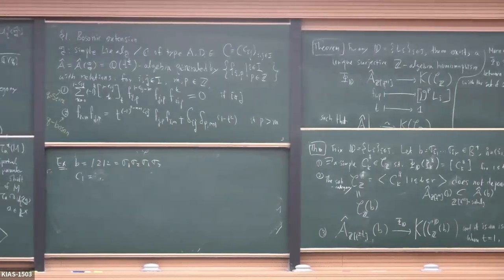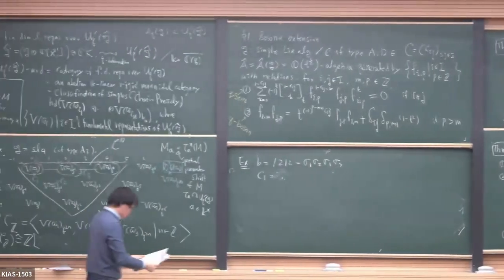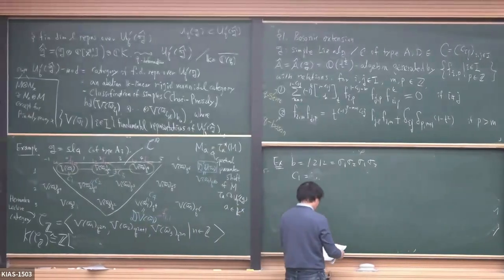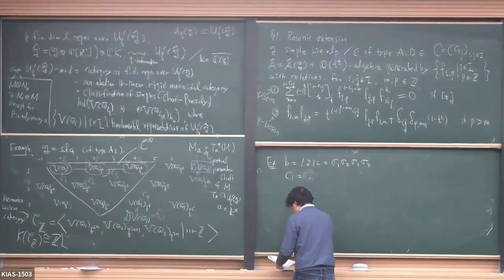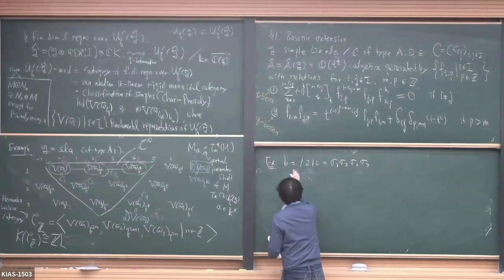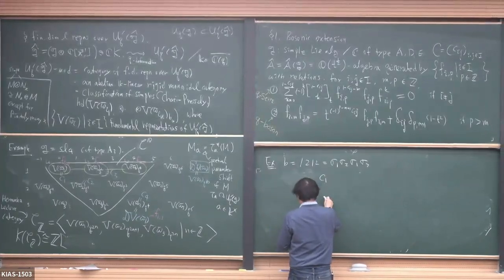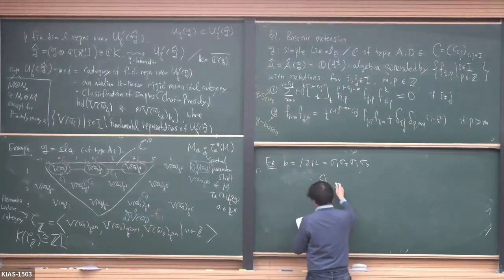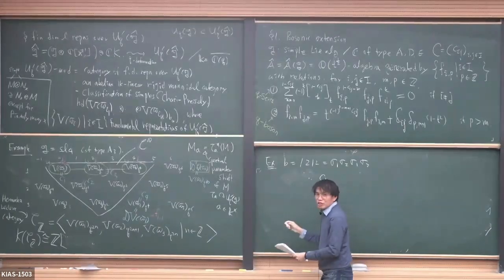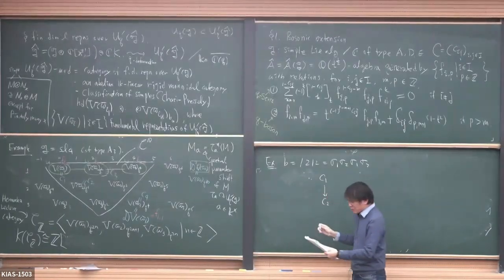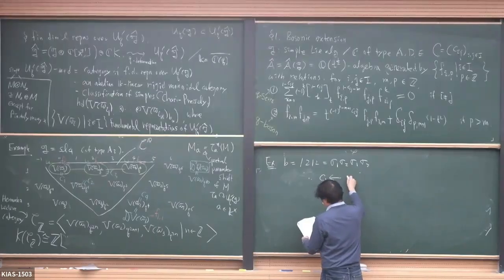And we can calculate it. And I want to show you the following picture. Because I didn't tell you about the cluster algebras, I'm sorry. So I'll give you the picture.